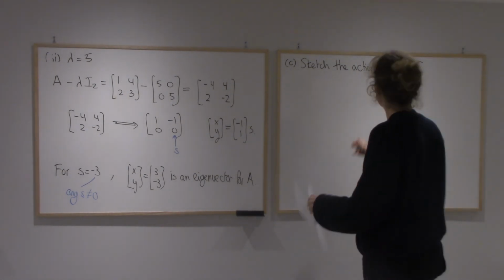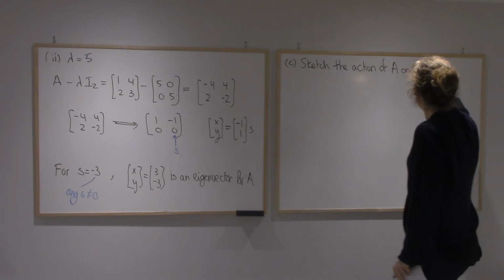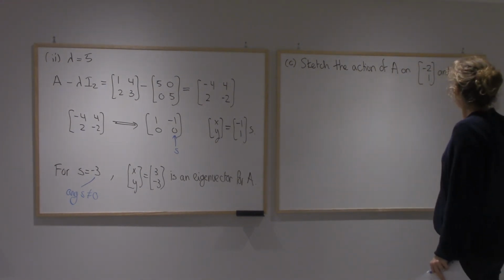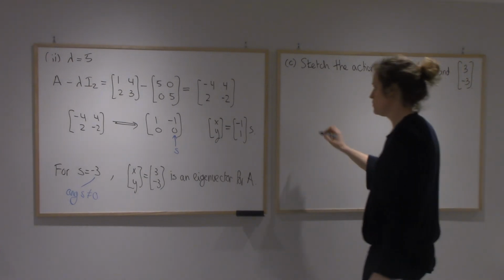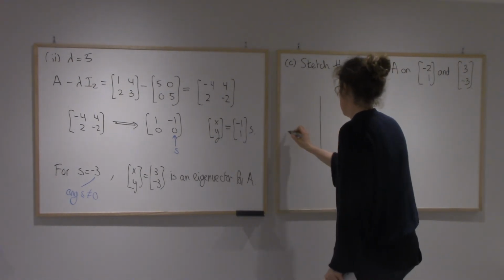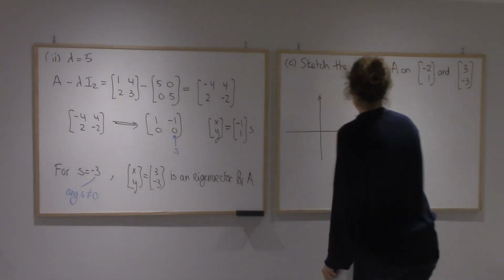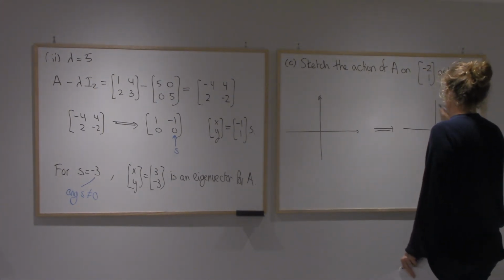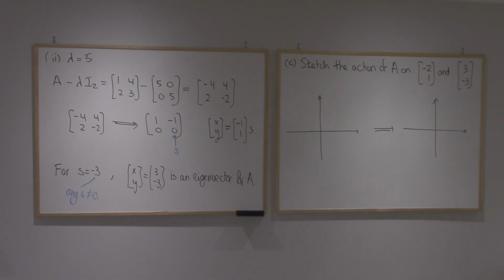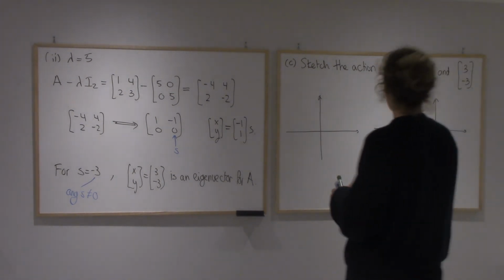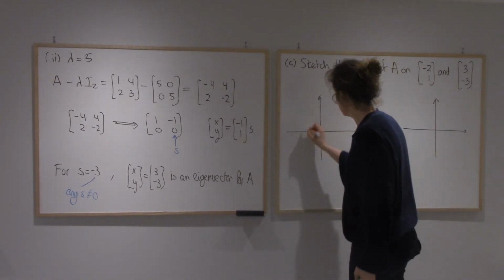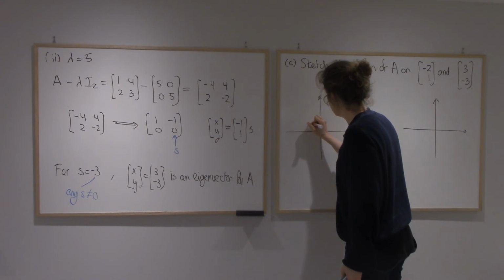I had (-2, 1) and (3, -3). Alright, I have my special colors. (-2, 1), let me draw it in red. (-2, 1) is over here.